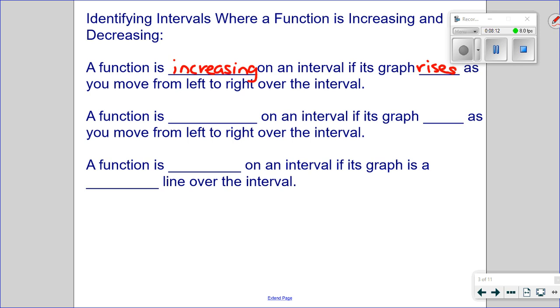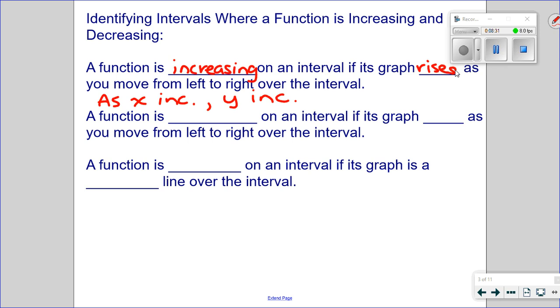Again, another way you can think of this, since we read the graph from left to right, x is always increasing, so we're saying as x increases, y also increases.